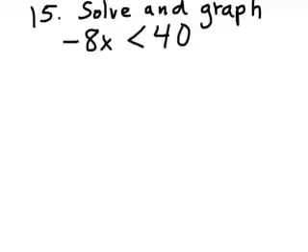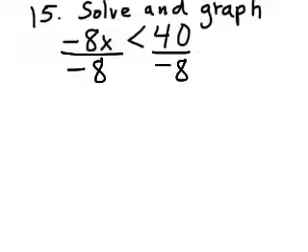So going back to our original problem, we've got a negative 8x is less than 40. We can divide both sides by a negative 8, just like we would if it was an equation. These negative 8's cancel out, and we get x. On the right side, 40 divided by a negative 8 is a negative 5.